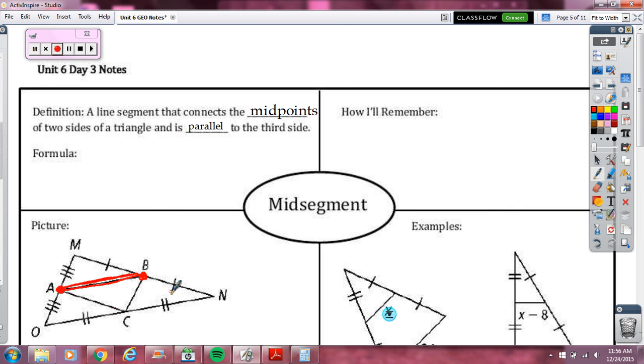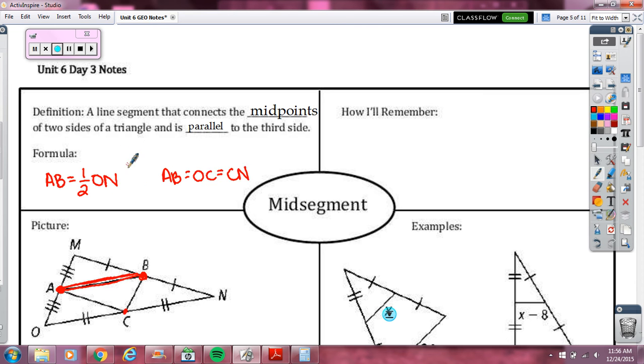And it's going to be parallel to the third side, and it's going to be half as big. So our formula here could be that AB is half of ON. The other thing that you'll notice is if C is the midpoint of ON, AB is going to be the same size as OC and CN.